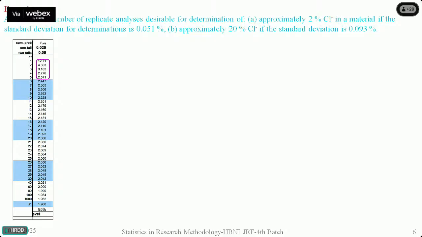For that, one more piece of information is required, that is the reliability interval, wherein we normalize a value with respect to the actual value. For example, if it is for 2%, we take it normalized to the 2 value, then multiply with 100 so that the baselines are normalized. That is the thing. So 100 times delta. Delta is TS or TS by root n.